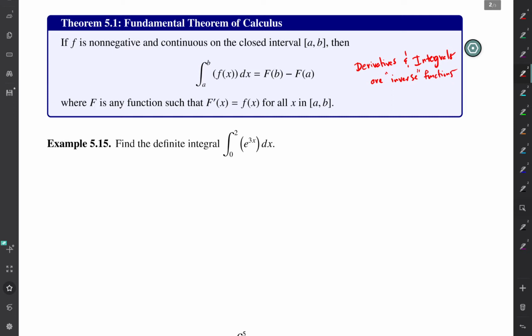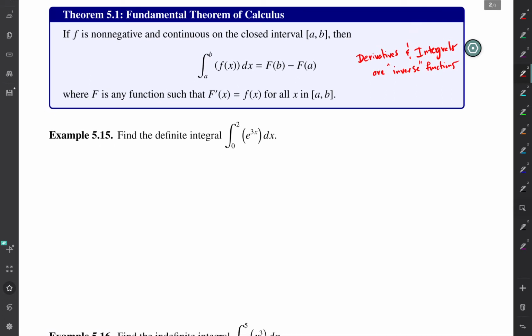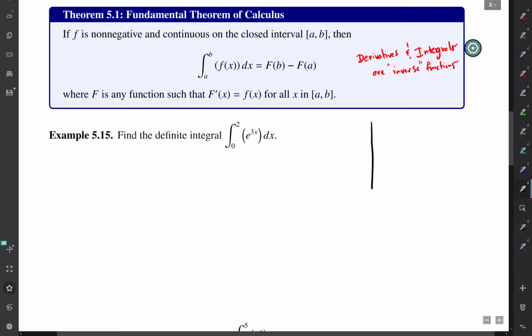So let's look at example 5.15. It says we want to find the definite integral from 0 to 2 of e to the 3x dx. All that's saying is we want to find the area from 0 to 2 of this curve.